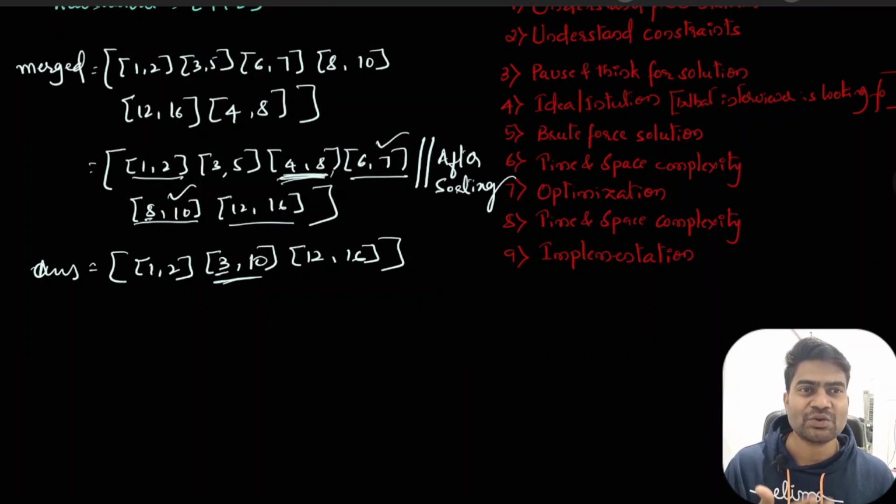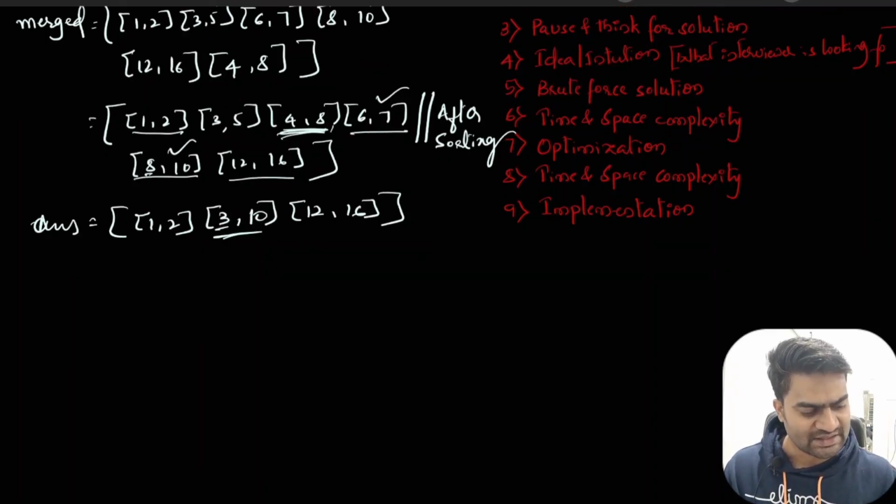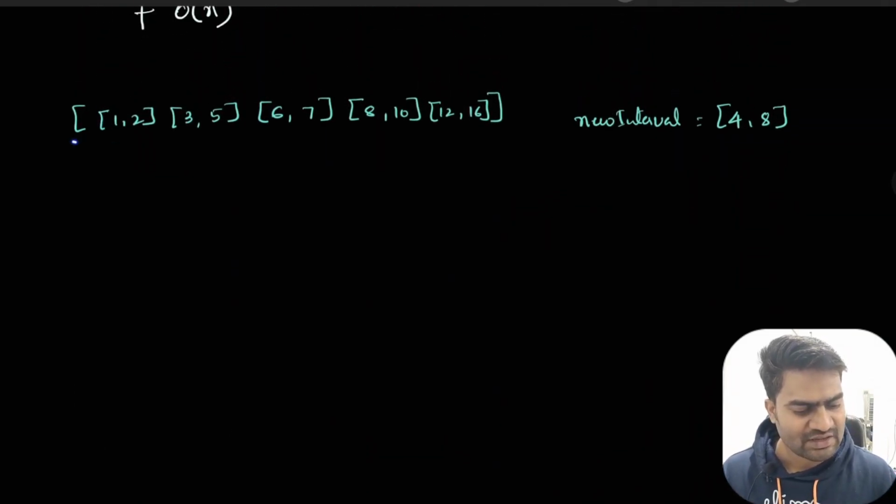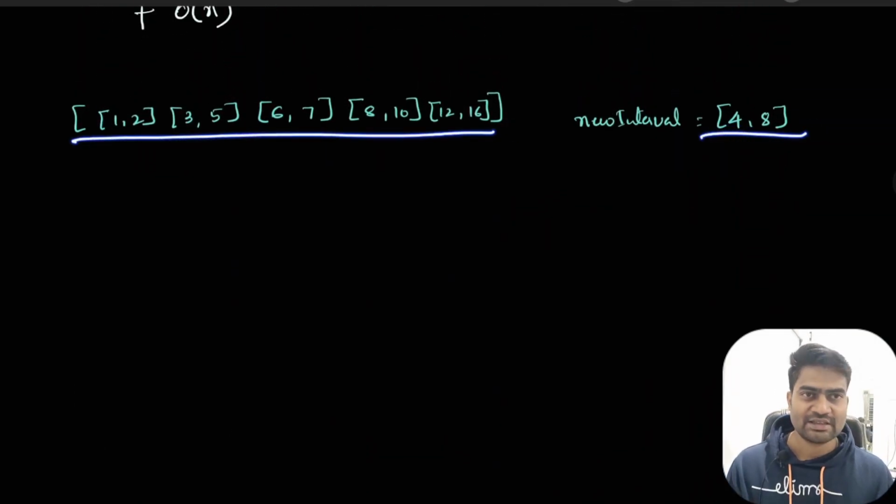So let us look into a more intuitive way, where we try to solve this in a single pass. Is there any way? Let us see. So this is our given interval and this is our new interval.